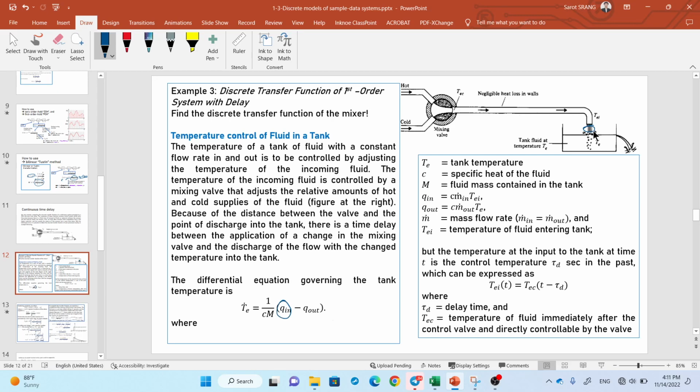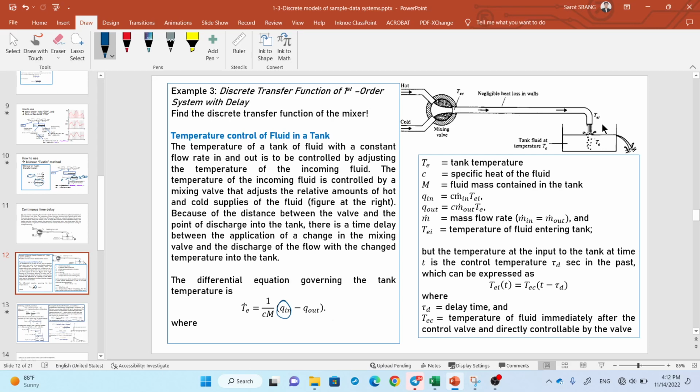Okay. So the heat brought into the tank is equal to C, the specific heat, m, the mass flow rate, times the temperature brought in here. Okay. How about the heat brought out of the tank? Yeah, same formula, but you have TE here.